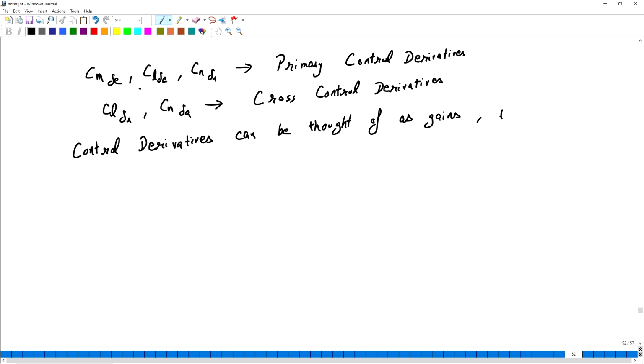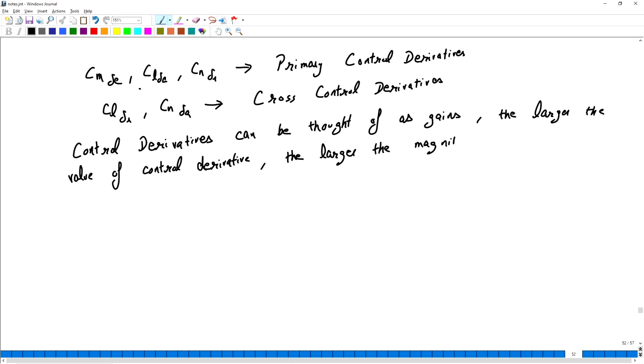The larger the value of the control derivative, the larger the magnitude of movement produced for a given deflection of the control surface.